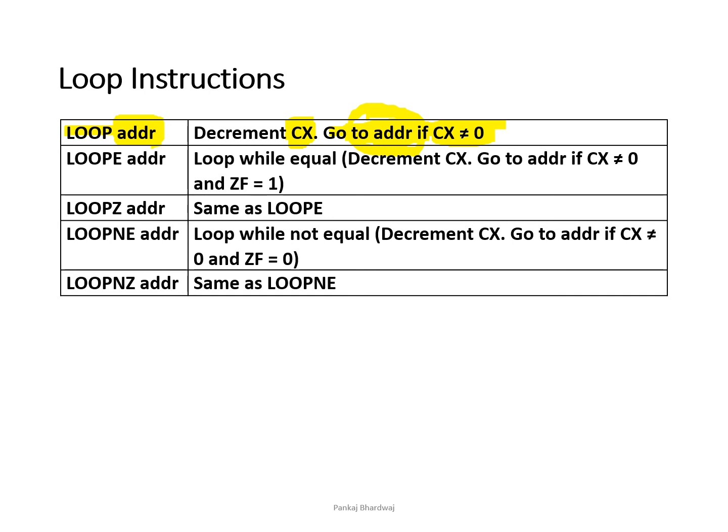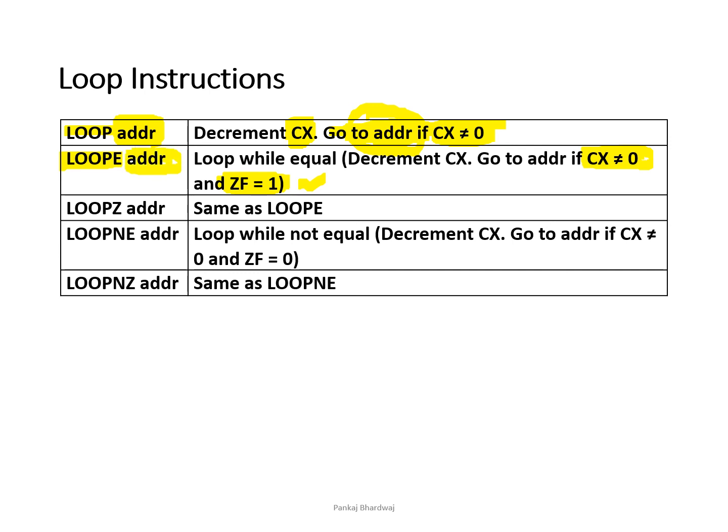But if we have a condition like LOOPE to address, that means loop while equal. This checks the content present in CX, that means the count, plus the flag status. So if equal, that means if zero flag equals 1 and CX is not equal to 0, it will go to the address.